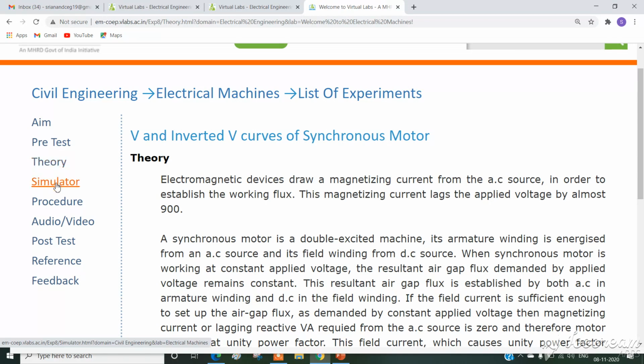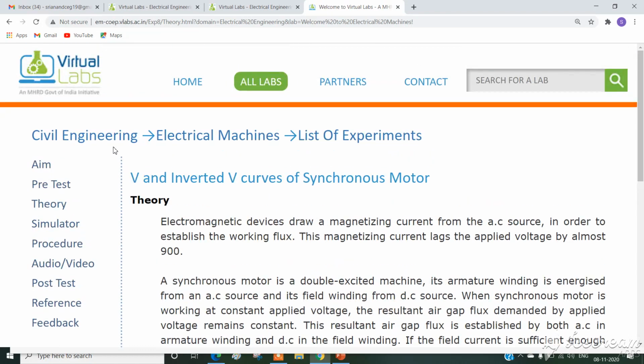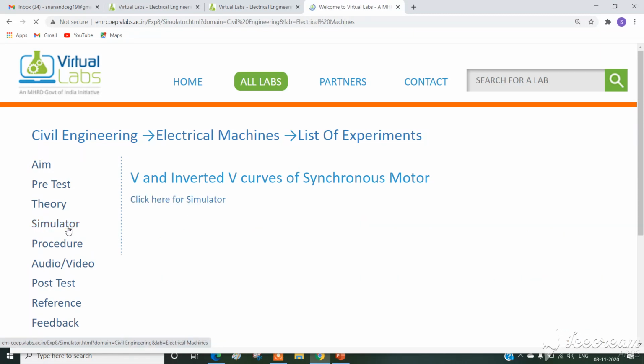We will do this in the simulator, and the procedure I will also explain corresponding to the simulator. After that we have some questions, that is the post test, and I will show the reference given in the virtual lab by MHRD.